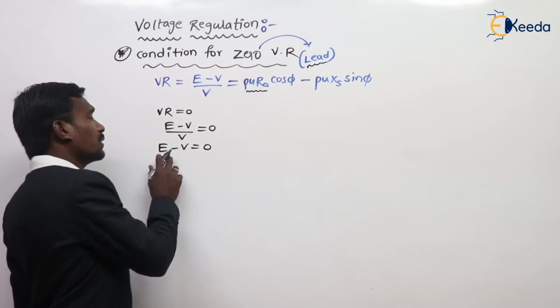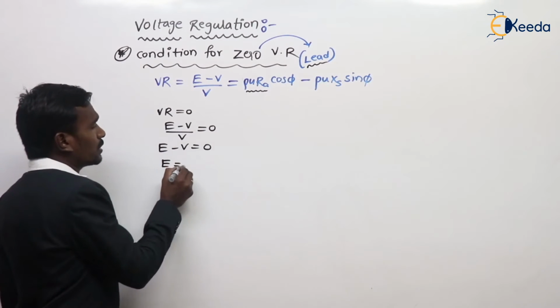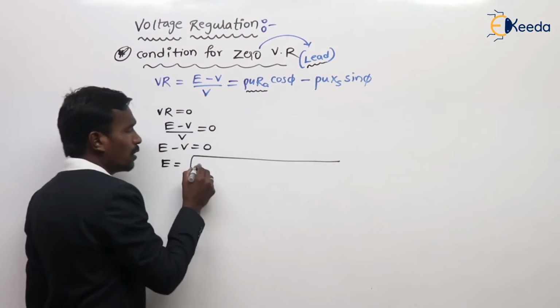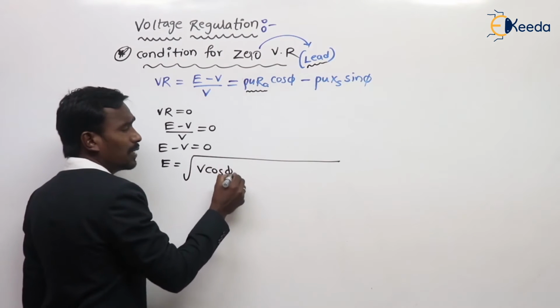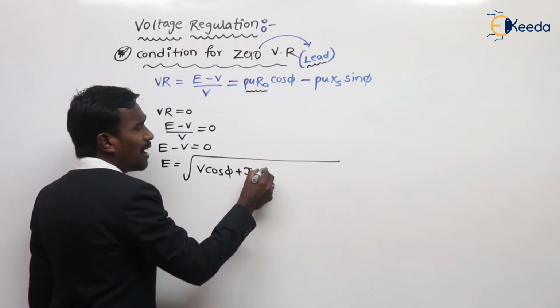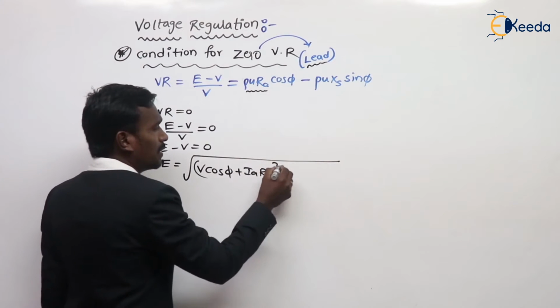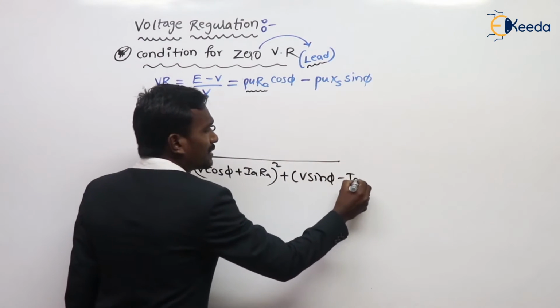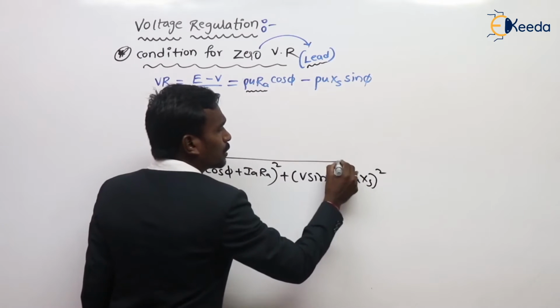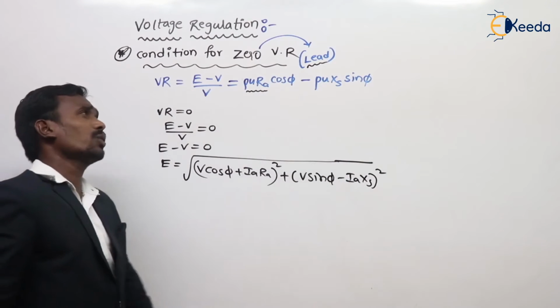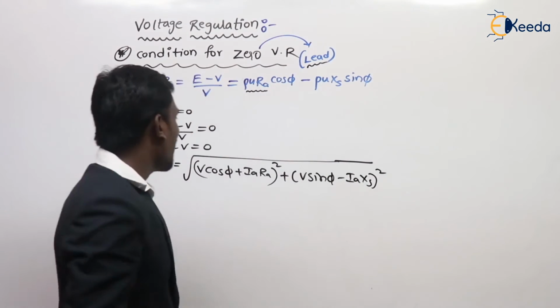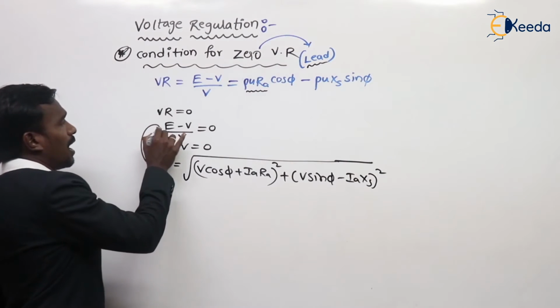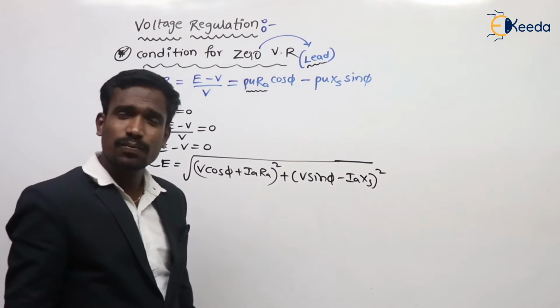We have to substitute E. E is equal to the square root of (V cos phi plus IA RA) whole square plus (V sin phi minus IAXS) whole square, because of the capacitive leading load. We have to substitute here and calculate.